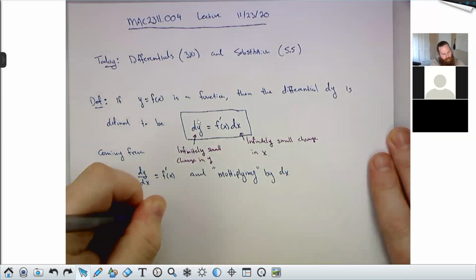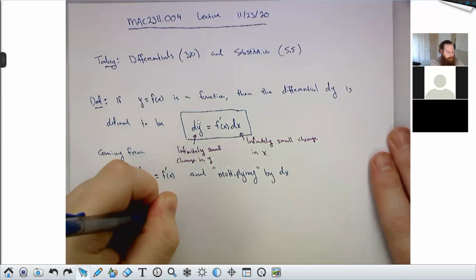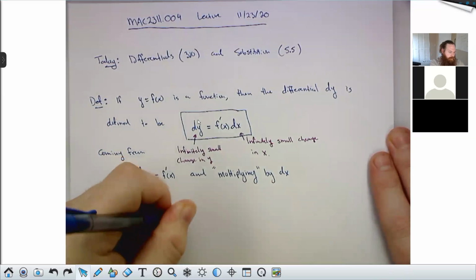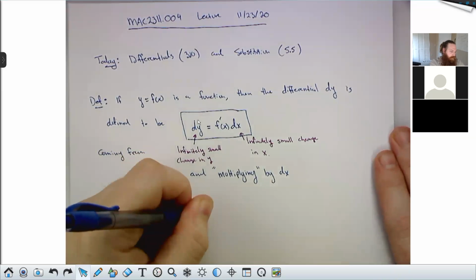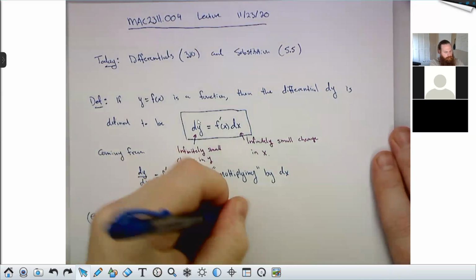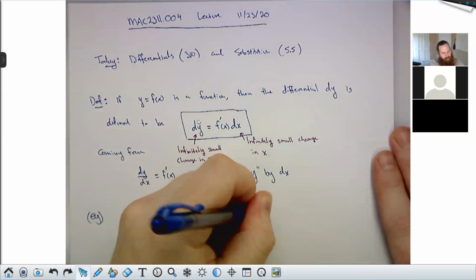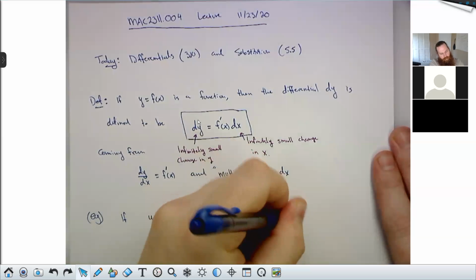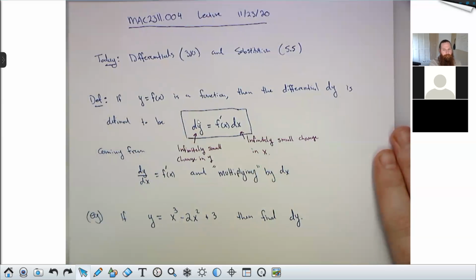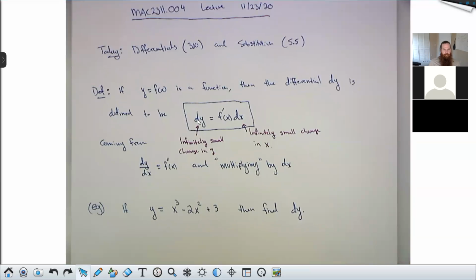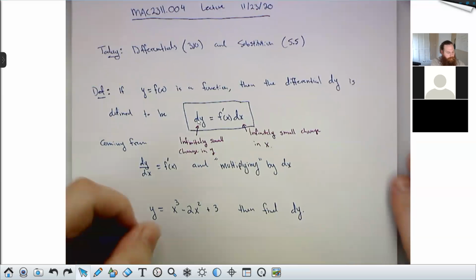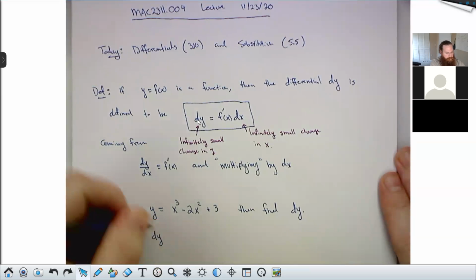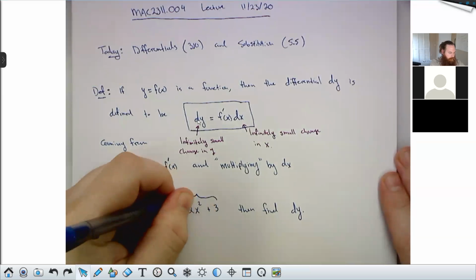If y is equal to, say, x cubed minus 2x squared plus 3, then find the differential dy. Well, here's f of x, right?